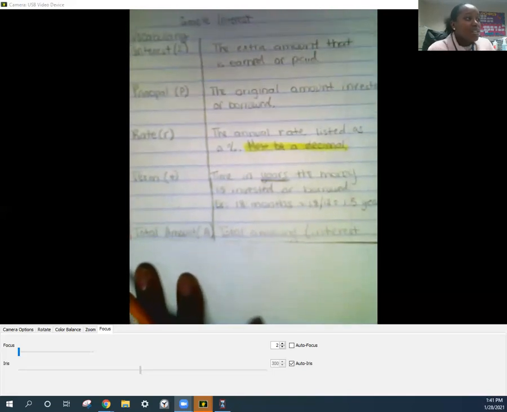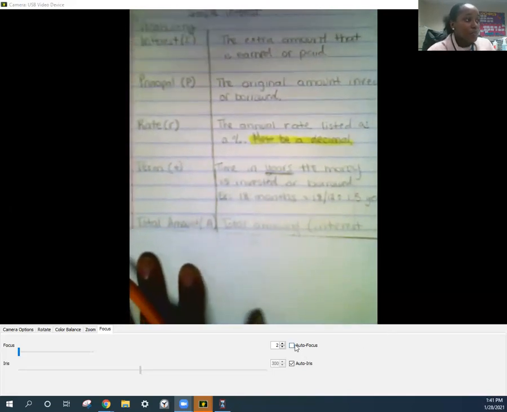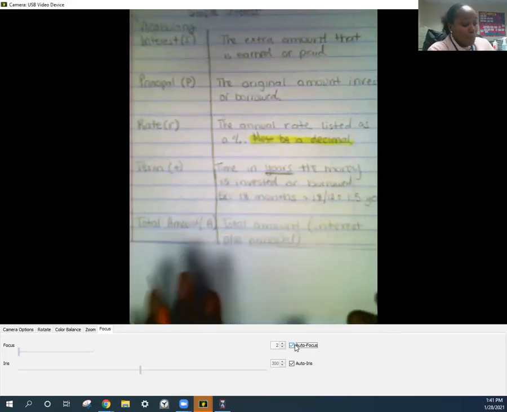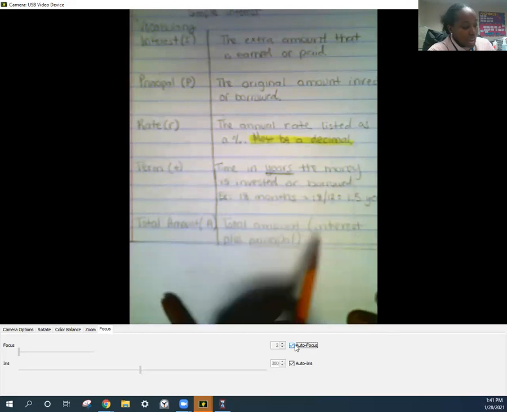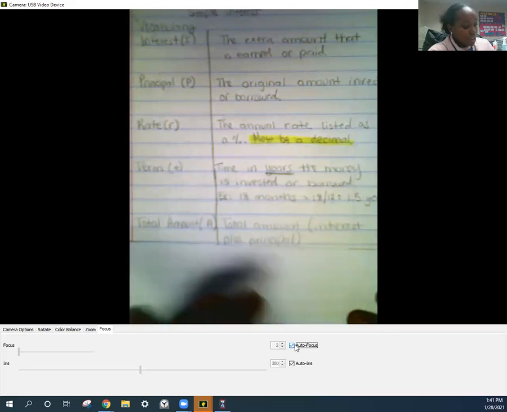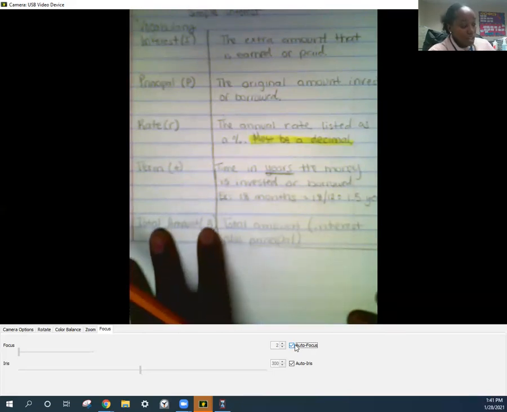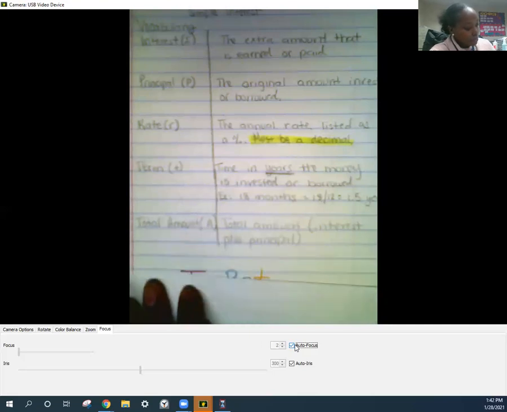So also we have our total amount. So the total amount includes the amount of interest, and then the principal that you started off with. So if you add those two, you'll get your total amount, which we use the letter A for. So let's look at an example.